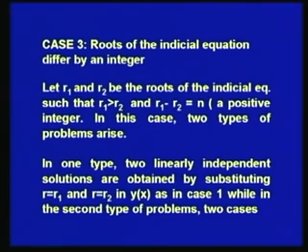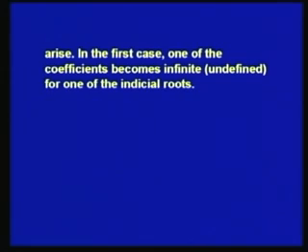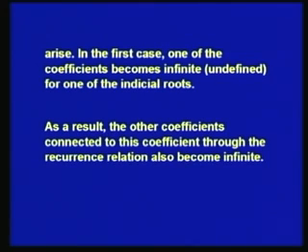Now in this case two types of problems occur. In the first type, two linearly independent solutions can be obtained by substituting r equal to r1 and r equal to r2 in y(x), as in the case 1, while in the second type of problems two cases arise. In the first case, one of the coefficients becomes infinite for one of the indicial roots.